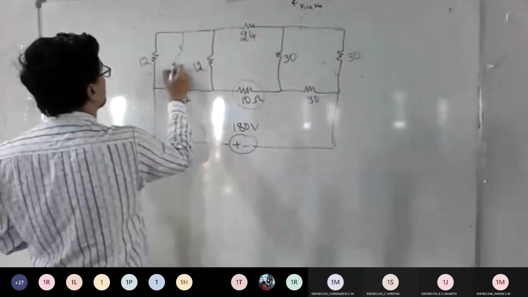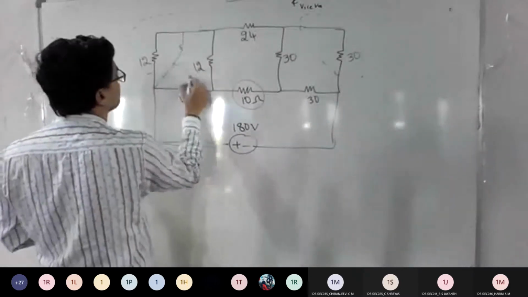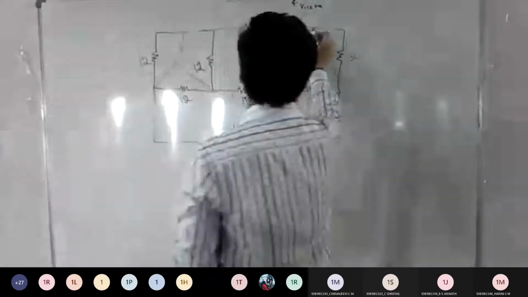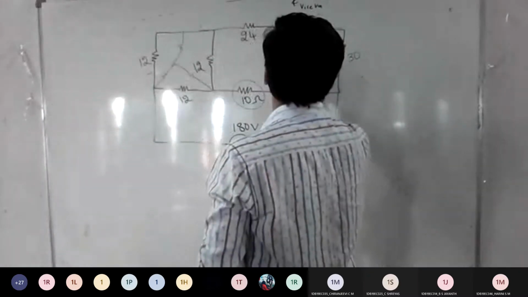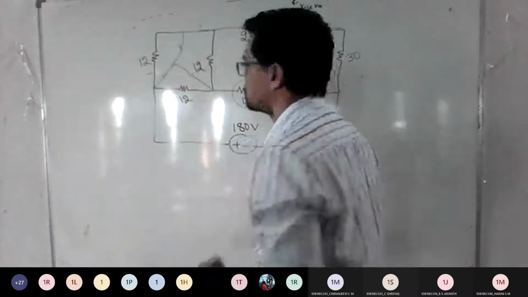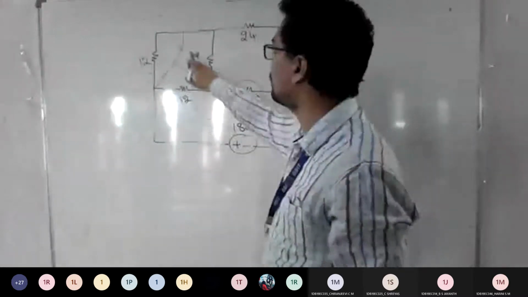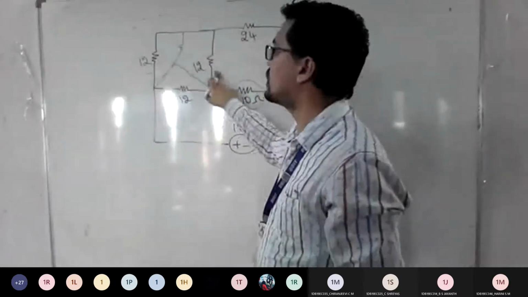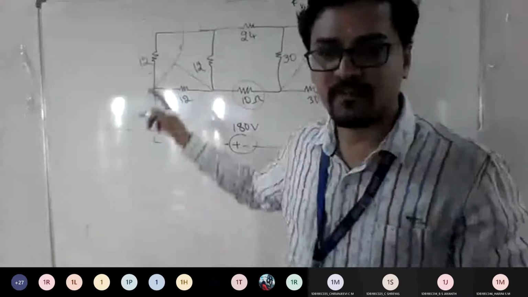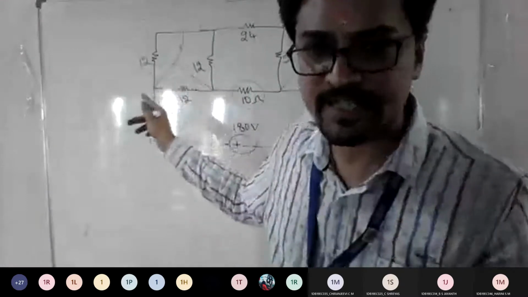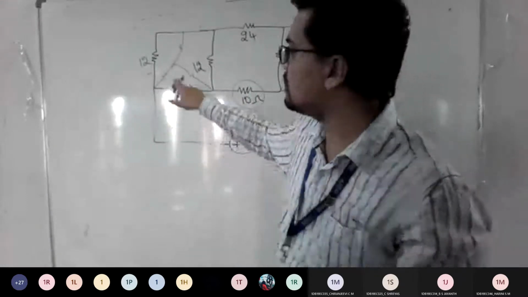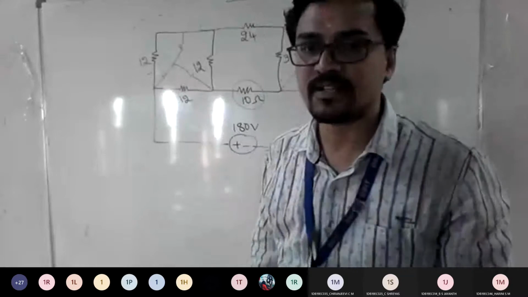So just write for your reference 1 here, 1 here, and similarly here also. What are the values you got? If you want to find this value, it is 12 into 12 divided by the sum of all. See, whenever you have such kinds of problems, you get an easy concept, right? If you are able to find one, the remaining three are the same only.